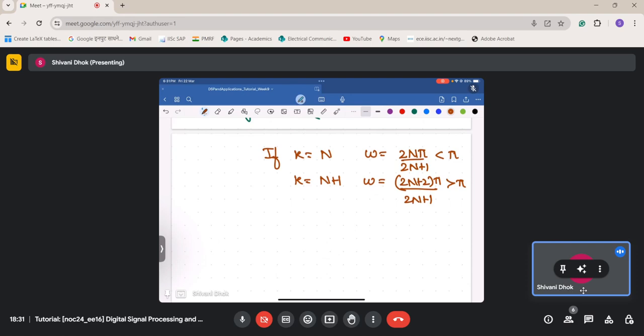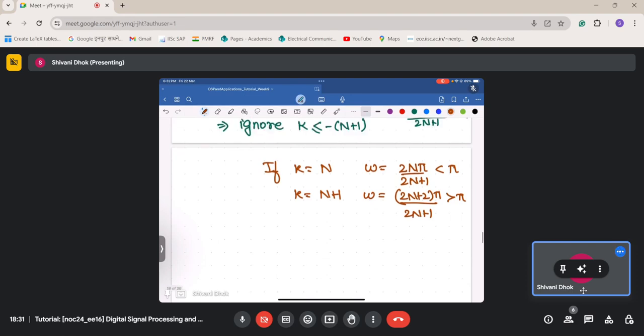Okay, so we can't take values of k which are greater than n, which means that ignore k greater than or equal to n plus 1, which means that my k should belong to minus n to n only.